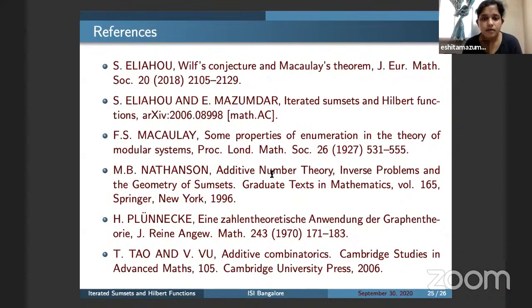This is the most famous book, Nathanson's, and all the knowledge on Plünnecke's theory we have from this book and this paper. The graph theoretic estimate was already there in Nathanson's book. And this is the famous Tao and Vu book, which is useful for all purposes.